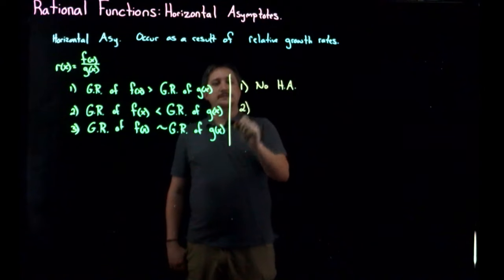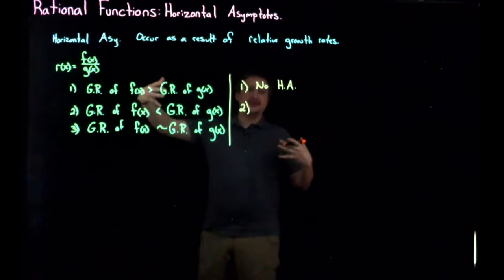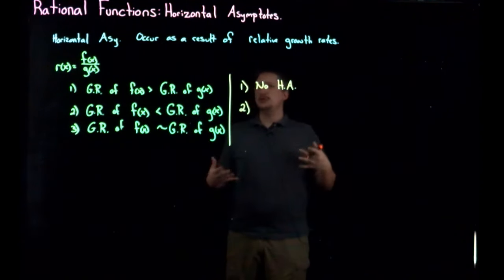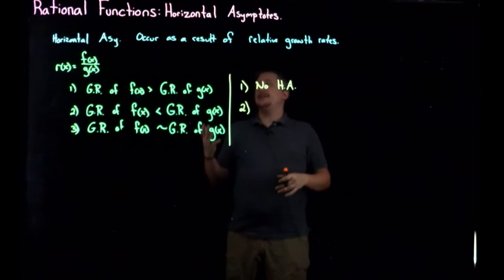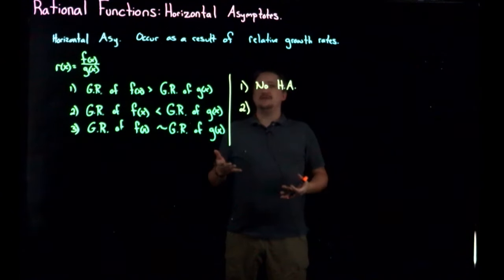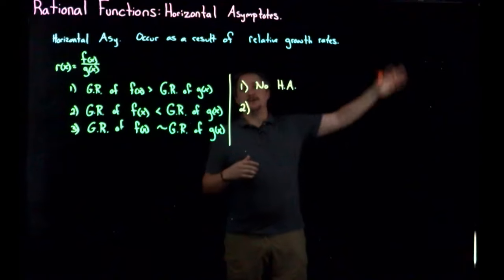This is because a horizontal asymptote, if you remember when we talked about asymptotes way back, is this end-behavior idea. And if the top function is growing much faster than the bottom function, then there's nothing stopping it from just growing out of control. And so it just goes up, up, and away, right?